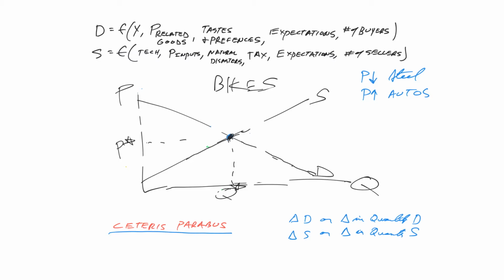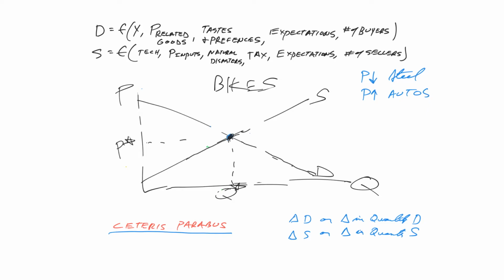Price of automobiles goes up and the price of steel falls. Aha. Well, the price of steel used to make bikes, that's the price of an input. So supply is going to shift in response to this change in the price of steel.